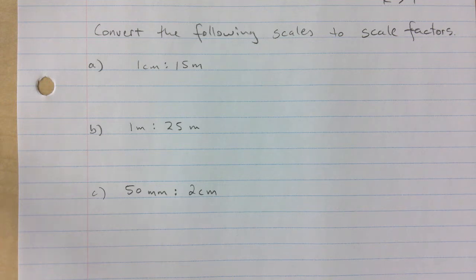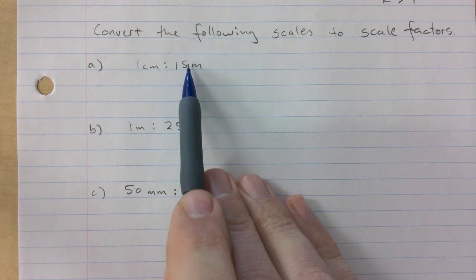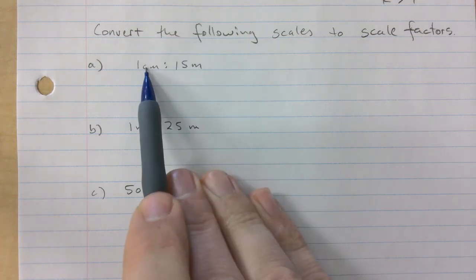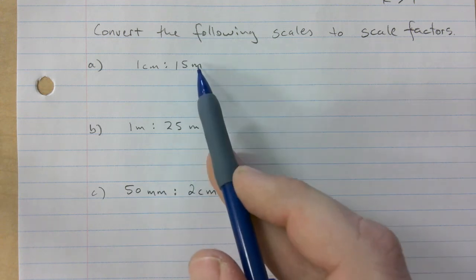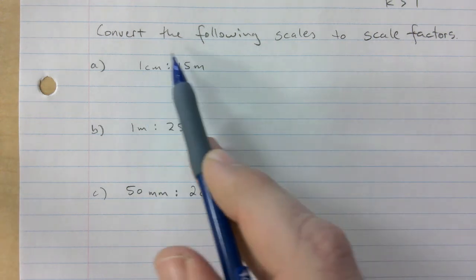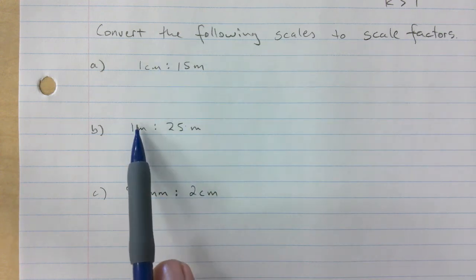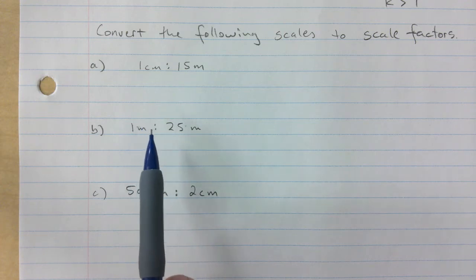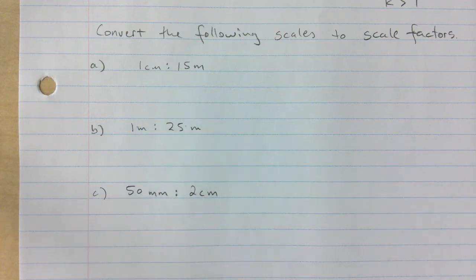Simply by looking at, and I talked about this yesterday, you start on the right and see from here to there, is it going up or down? Well, 25 meters is a lot bigger than a centimeter, so you know that this is a reduction of the original. Again, start here, from 25 meters to 1 meter, it's still going down, right? And so that's that.